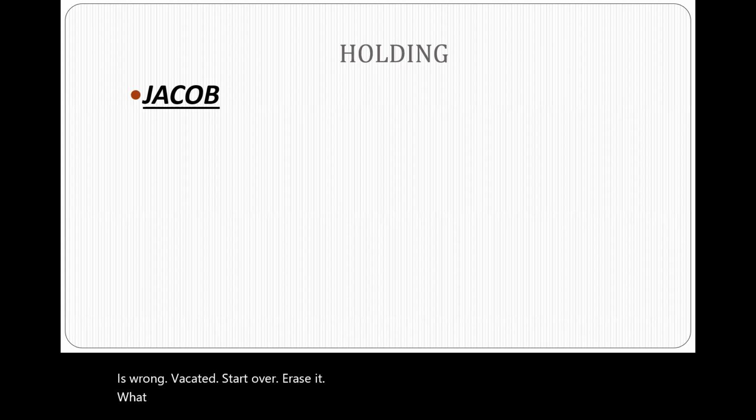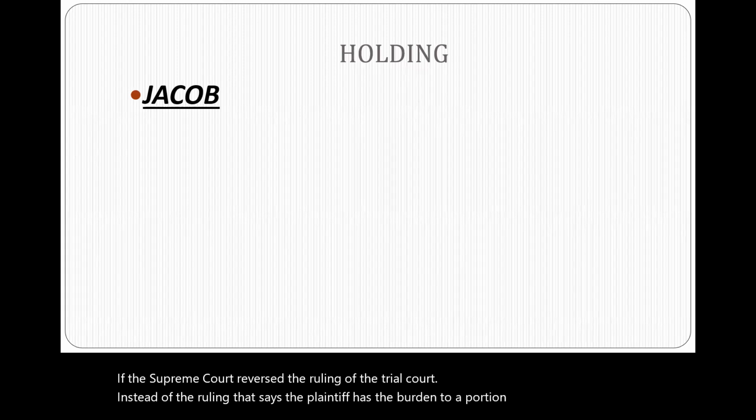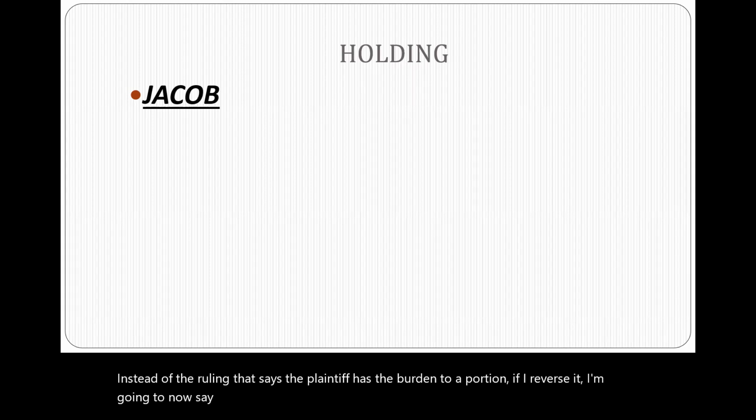What if the Supreme Court reversed? If the Supreme Court reversed the ruling of the trial court, instead of the ruling that says the plaintiff has the burden to apportion, if I reverse it, I'm going to now say the plaintiff doesn't have the burden, the defendant has the burden.